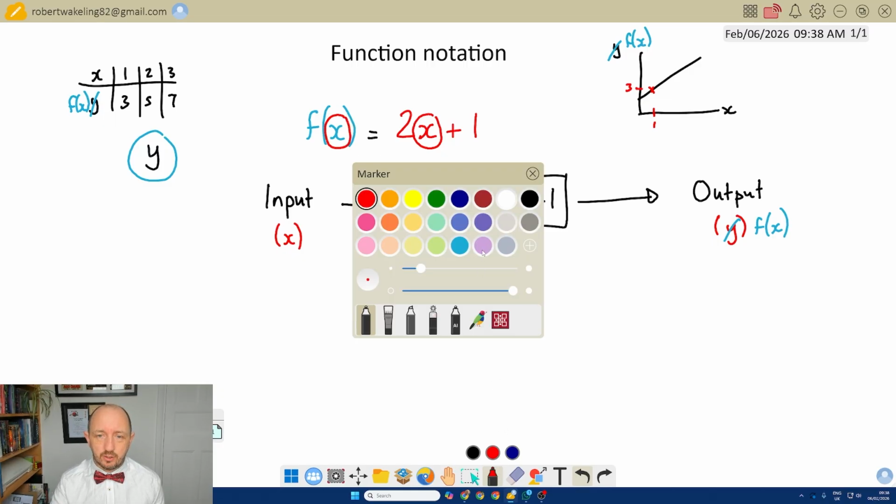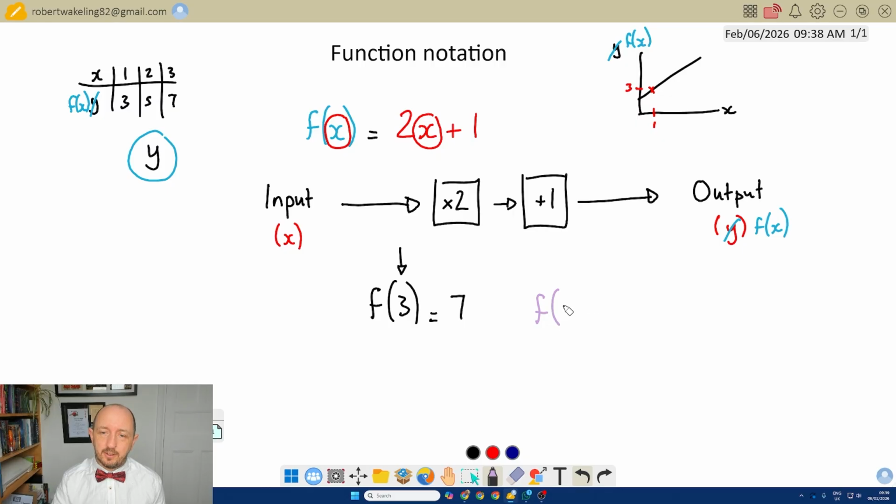So let's try f of 10. F of 10 is the same as having 10 here, but you would do 2x, and my advice to you is just to put brackets wherever the x is and put this thing in the brackets.